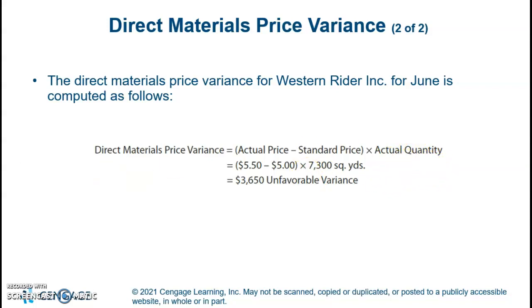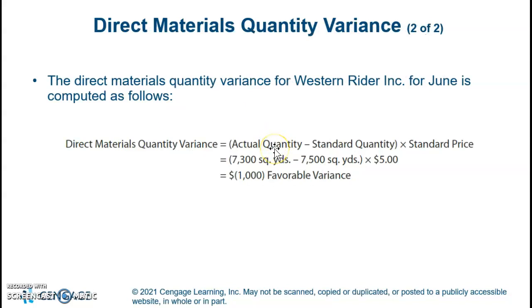So for this one, the quantity variance, we did actual quantity minus standard quantity, but this time we times it by standard price. So you want to write those down and compare the two, and you want to keep them straight in your head.